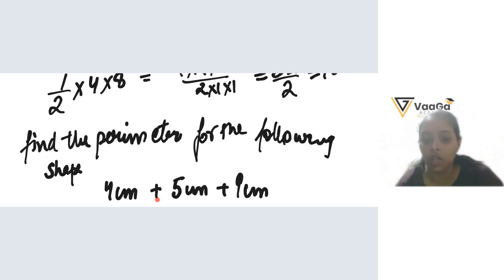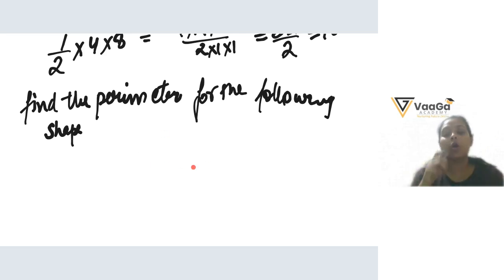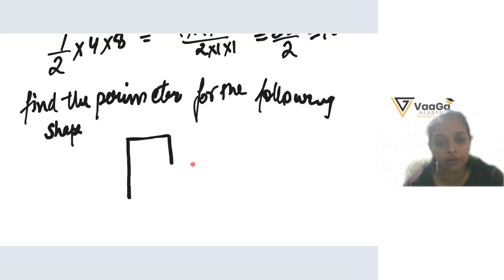Okay. Now let's do one more on a similar basis. Do you know what we call these kinds of shapes? Quadrilaterals? It's kind of a quadrilateral, but we have a better word. Polygon? Parallelogram?